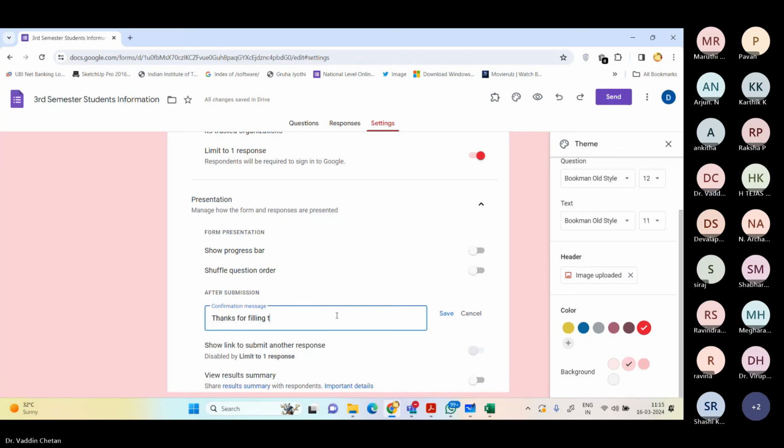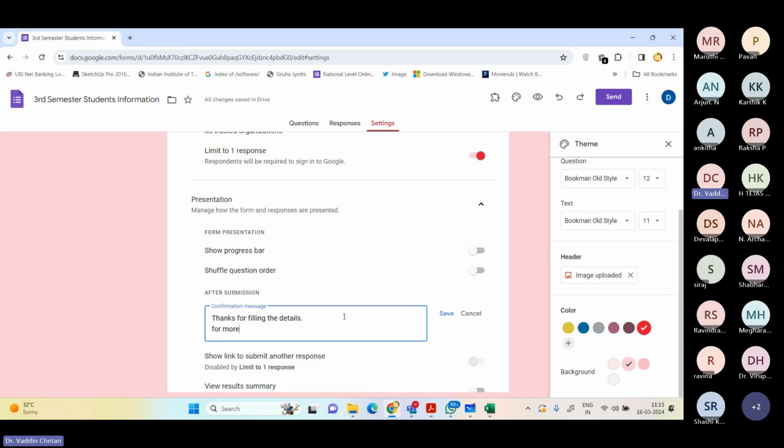Thanks for filling the details required. So thanks for filling the details. Right? For more information, for further queries, feel free to contact.